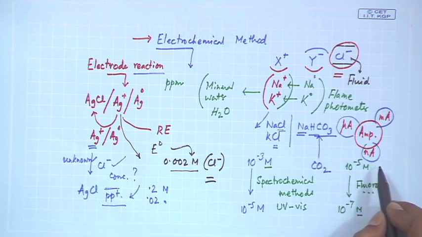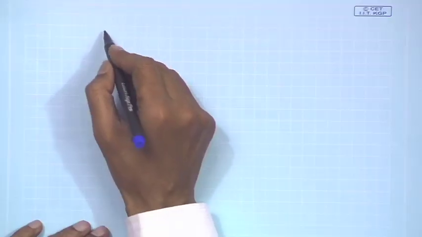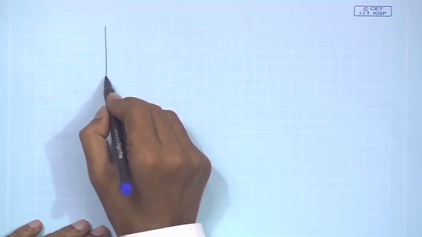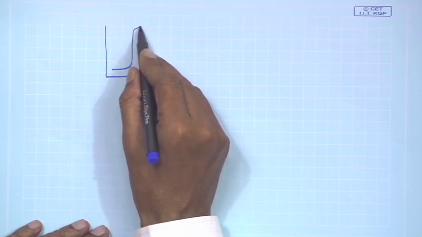So, the detection of this current by this amperometric method is useful when a sudden increase in current occurs. That we have seen also earlier, that during the end point we get a sudden change. In case of potentiometric titrations, we have seen that the potential is changing and there is a sudden jump.